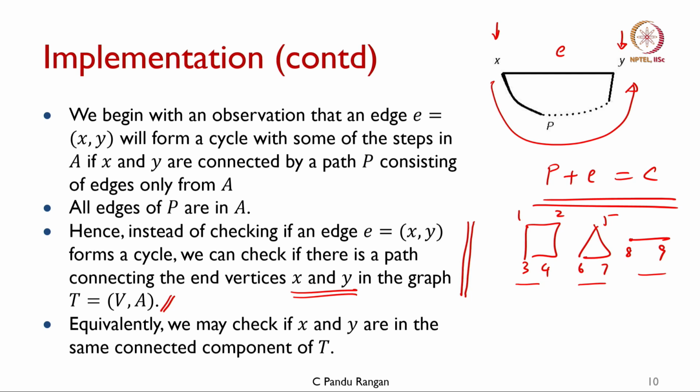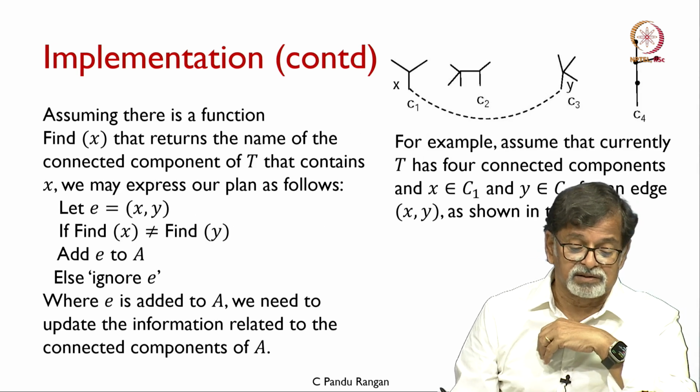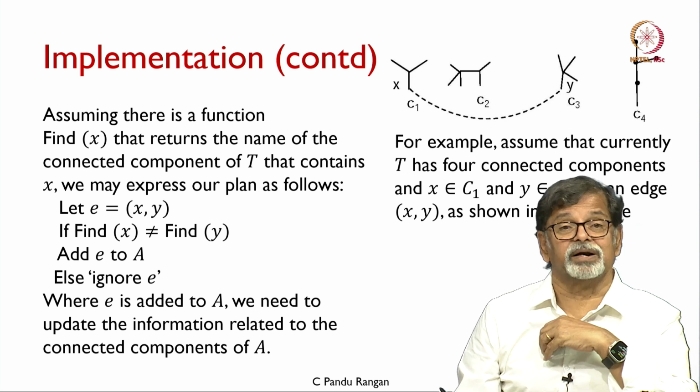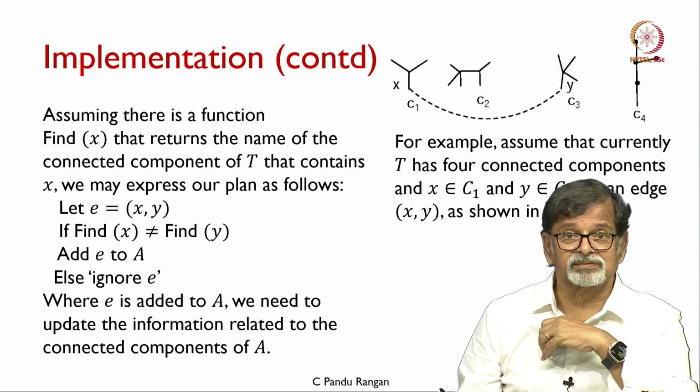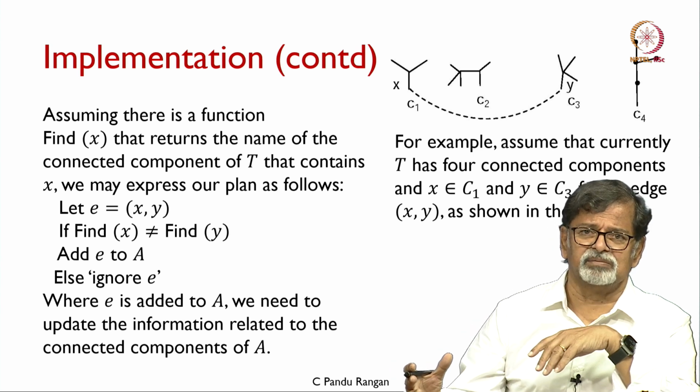Let us give some name for that and assume that we have a function find that returns the name of the connected component of T. Whatever is the name, we will establish some naming convention.